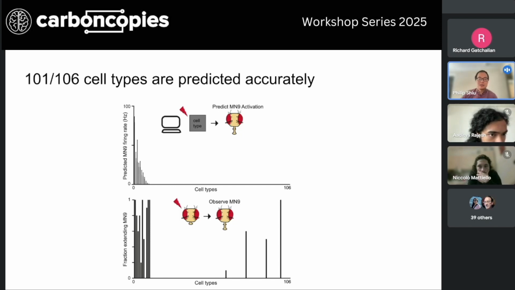What you'll see is that we're predicting a motor neuron 9 firing rate, but what the data we can collect is the fraction extending the proboscis. And ideally, we would have been able to do some electrophysiology and collect the firing rate of motor neuron 9, but those experiments would be quite challenging. So this data is what we were able to collect.